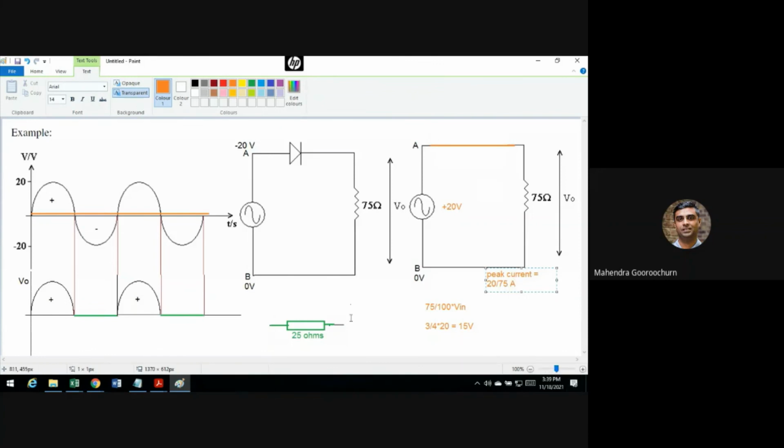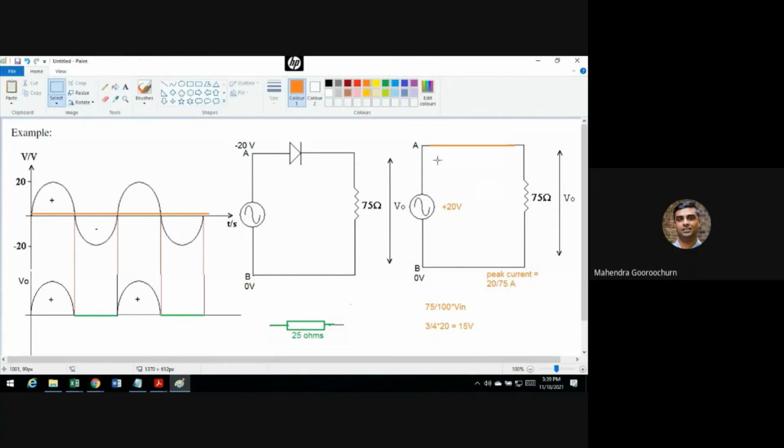Now, when we talk of the real case, remember what did we say? We have to replace this now by your 25 volts. So you would expect the current to be less because you have additional resistance in the circuit.